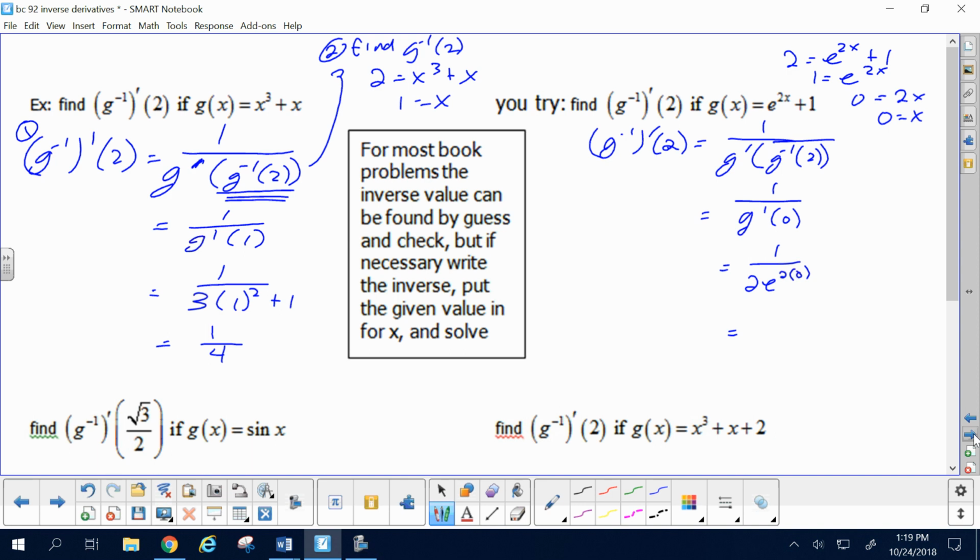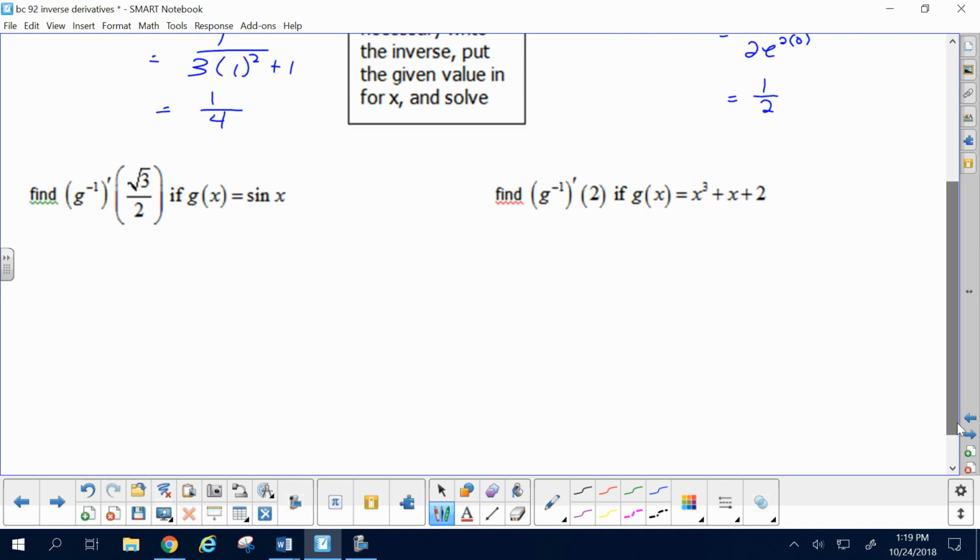One third? Okay. Wait, what? Where'd you get one for your x? I got 1 half. Oh, okay, 1/2. I got 0 from saying the inverse at 2. I understand. Okay, we're good? Okay, are we good with 1/2? Any questions?